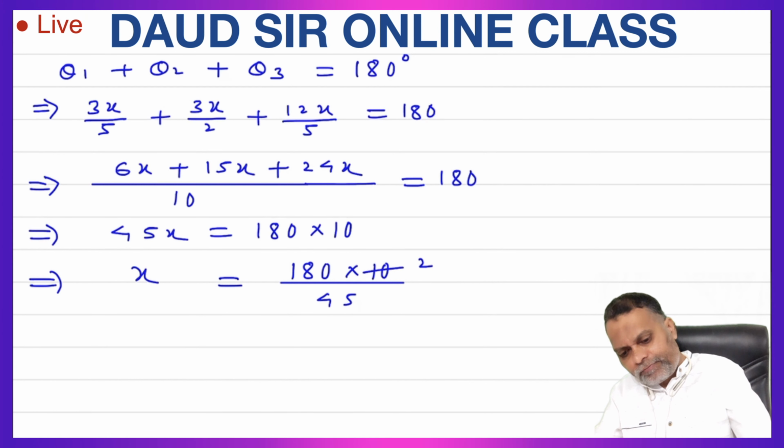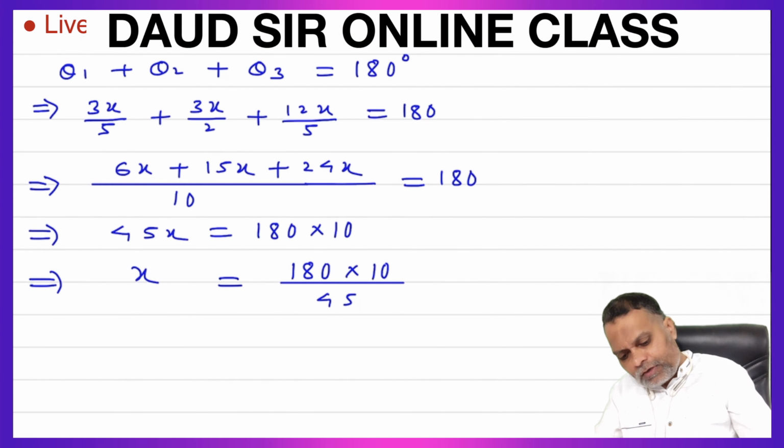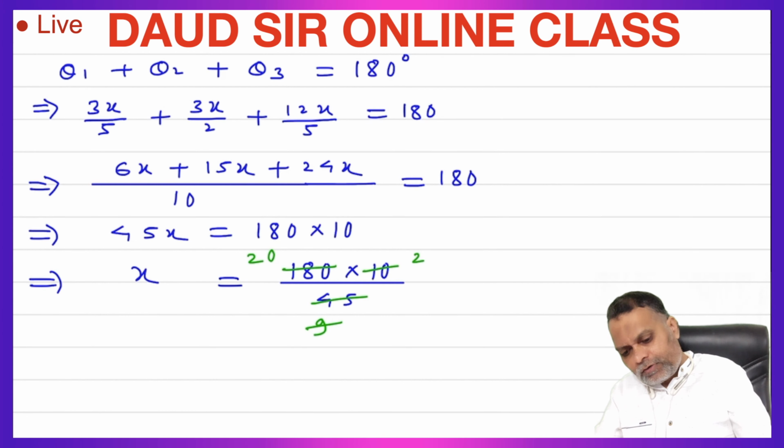Simplify this. 5 2s are 10, 5 9s are 45, 9 2s are 18 and 0. So x is equal to 40.